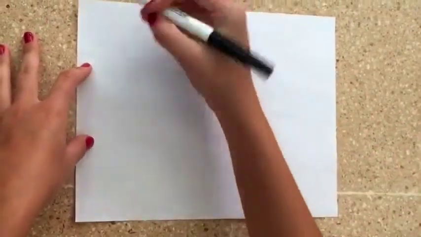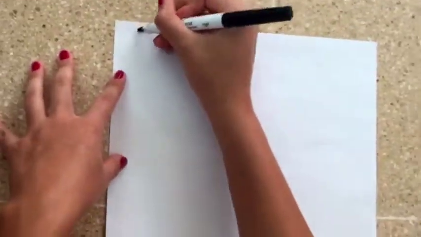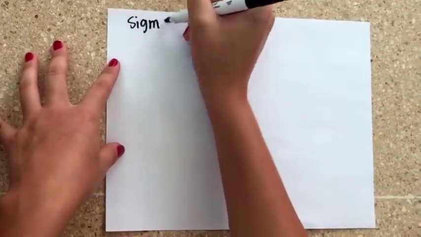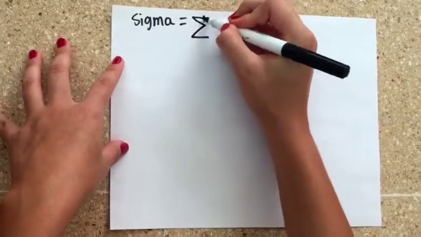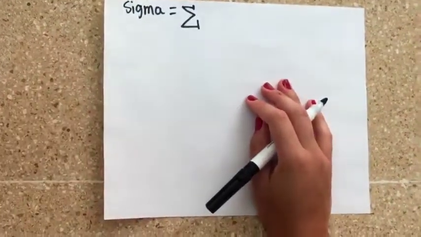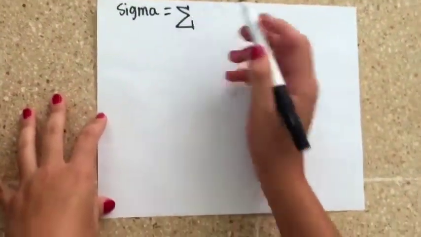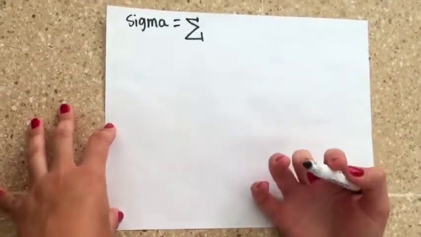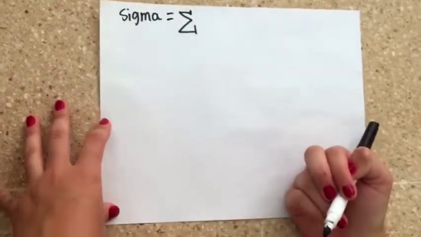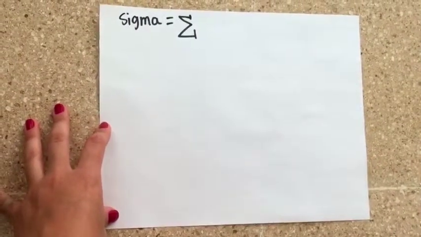Okay, so the next thing that you need to know is what a sigma is. A sigma is this Greek letter, and it is basically the sum of all of the numbers. So we need to find the sum of the terms that appear after the sigma.